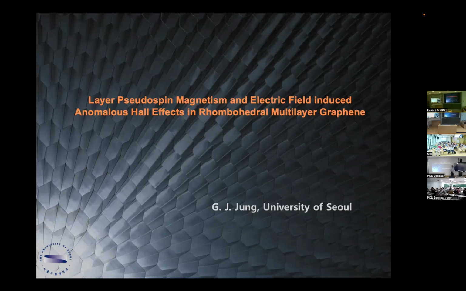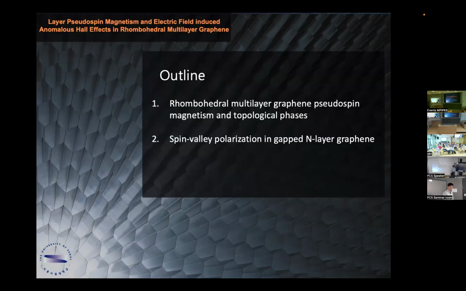Today I'm going to present about pseudospin magnetism in rhombohedral multilayer graphene, segueing the latest advances on fractional chiral insulators in this kind of multilayer graphene systems.